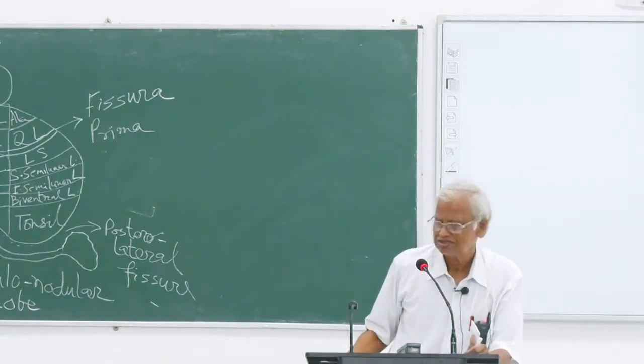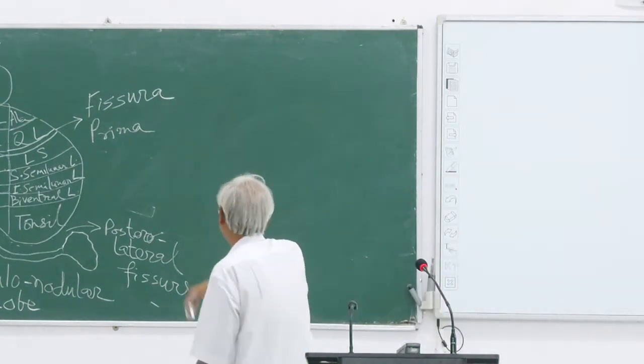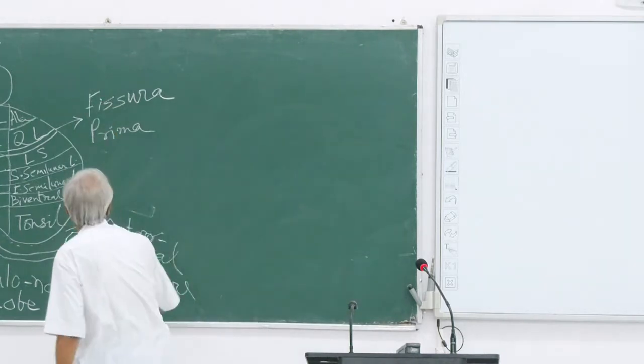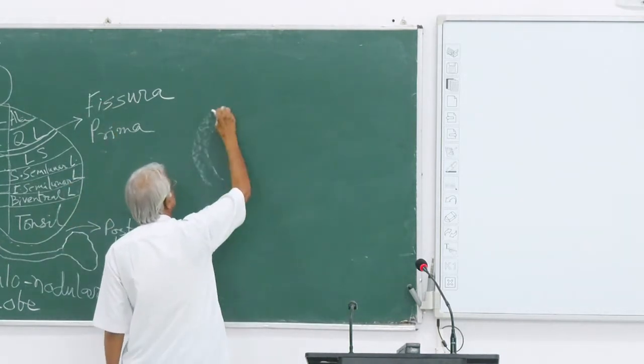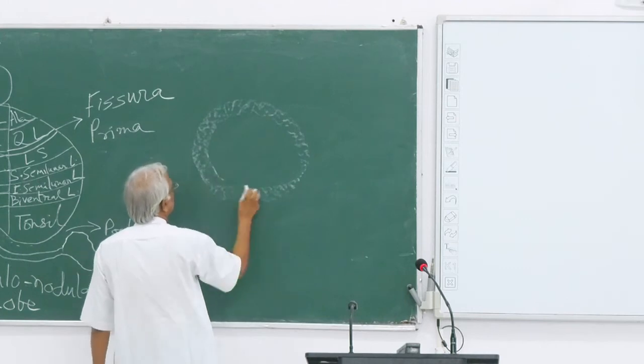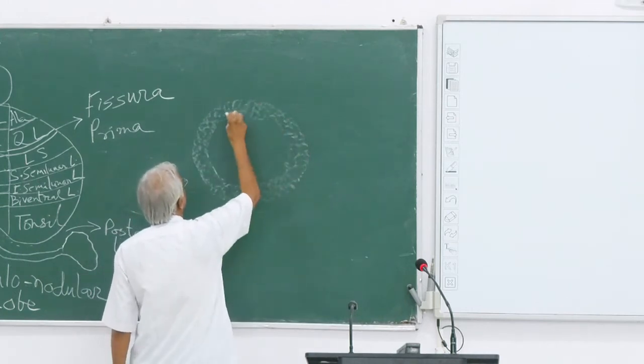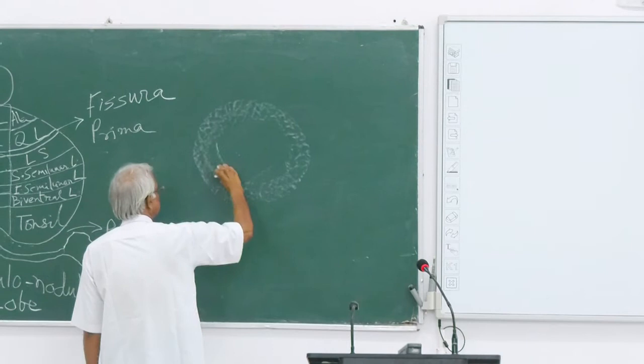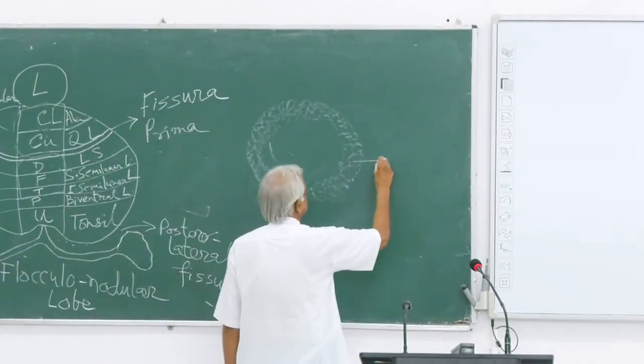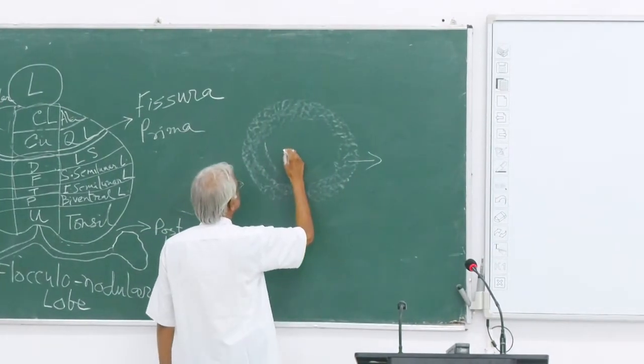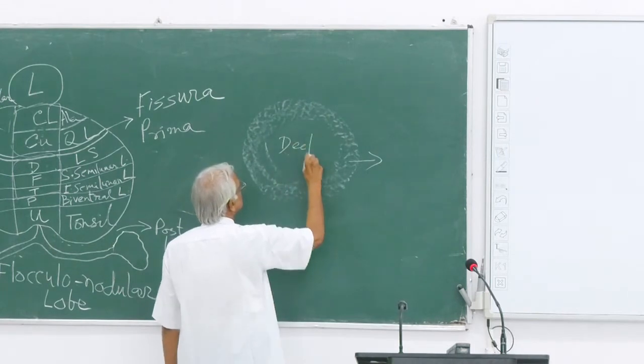Here also, a cross section like this shows a cortex. This is not called medulla. This is called the cerebellar cortex, and this is called the deep cerebellum.